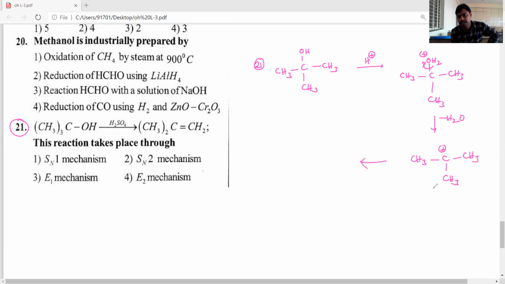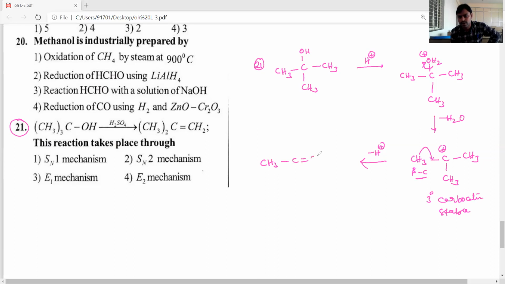This tertiary carbocation is stable, and loss of H plus at the beta hydrogen, any one of the hydrogens, you have to remove.